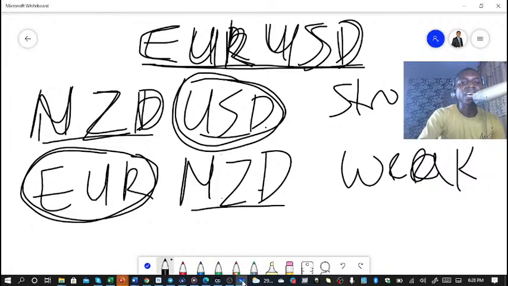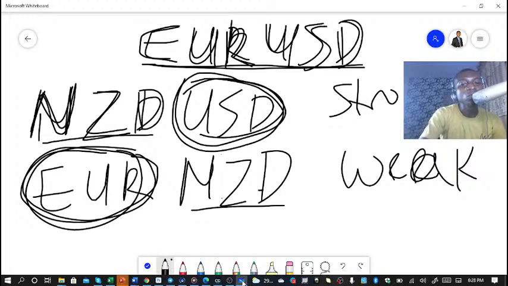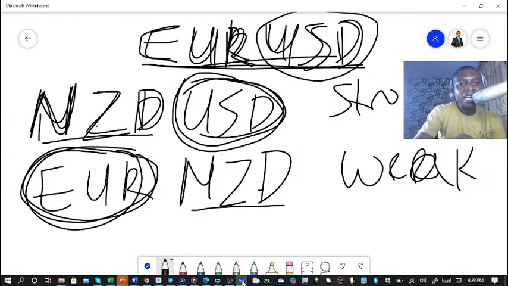So if the dollar is strong against the New Zealand dollar and the euro is weak against the same New Zealand dollar that the dollar is strong against, which means the US dollar is stronger than the euro. Fantastic. Yes, you sell euro USD because the dollar is stronger against the euro.